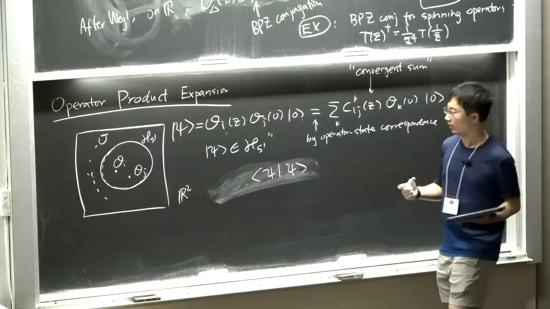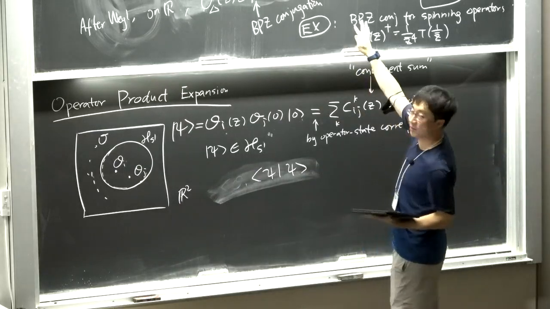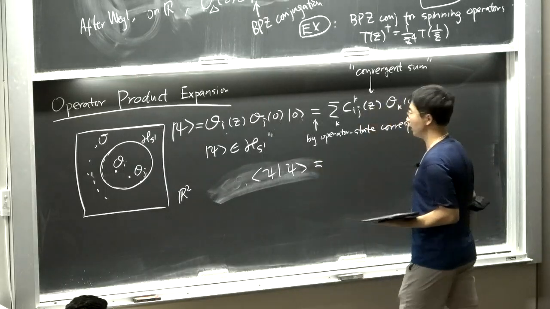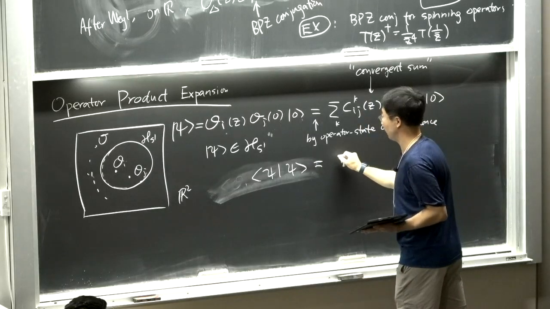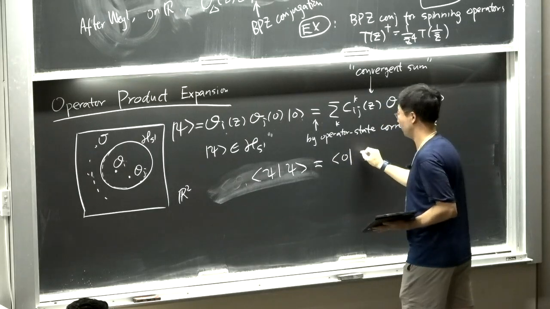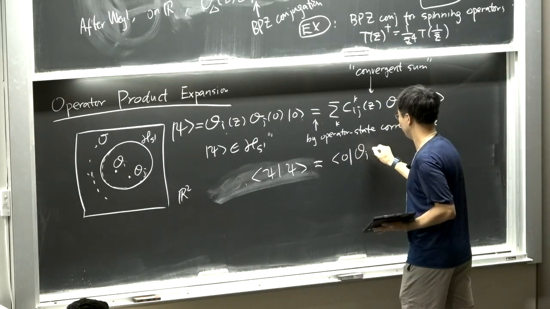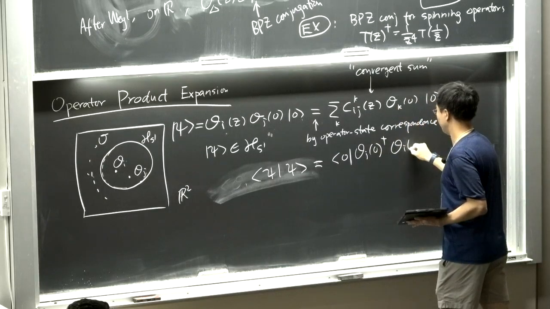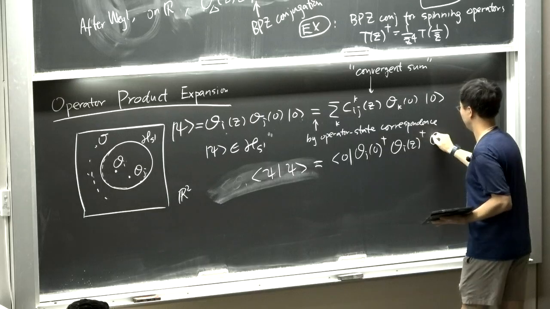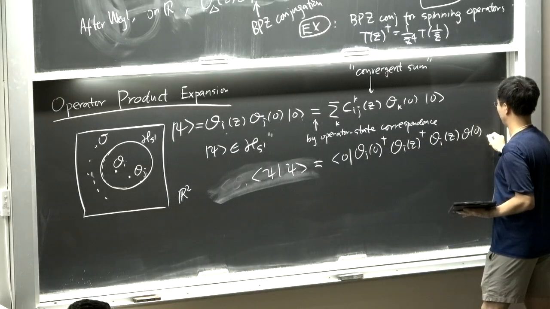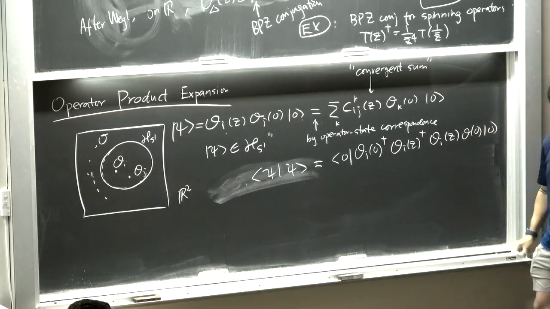And this is where we use the BPZ conjugation, because this correlation function, on the vacuum, with OJ's Hermitian conjugate and OI's Hermitian conjugate, will be given by a correlation function of this type.